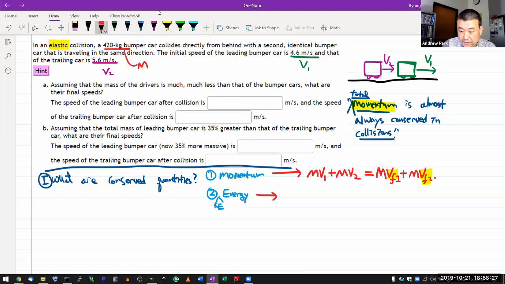Then writing this out, we have 1/2 m V1 squared plus 1/2 m V2 squared is equal to 1/2 m V final 1 squared plus 1/2 m V final 2 squared.